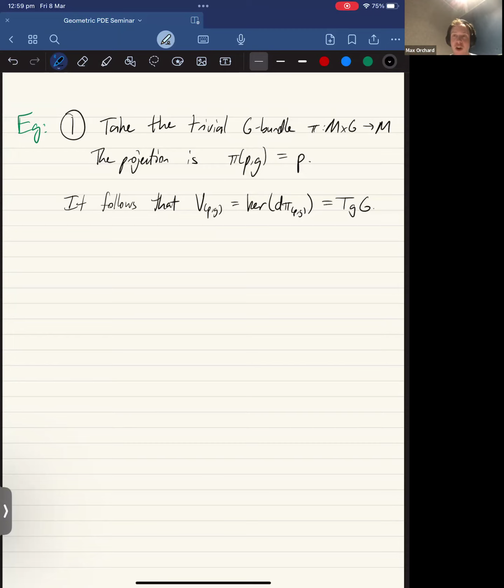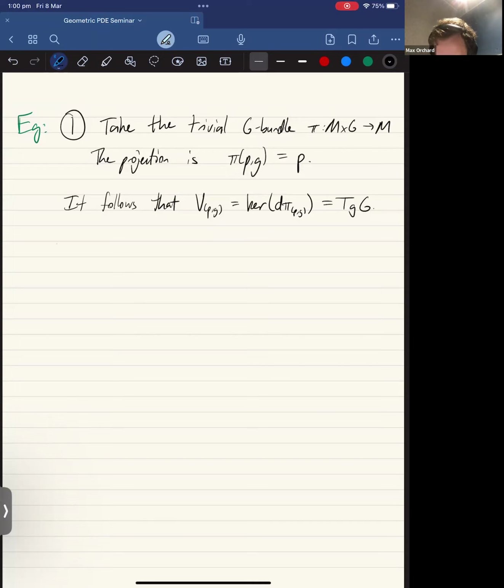Now, notice that the vertical subspace is given to us by the structure of the bundle. We don't get to choose what the vertical subspace is. It is just given to us by this being a bundle and the projection map. Now, a choice of horizontal subspace would be some sort of subspace that splits the tangent space of the Cartesian product.